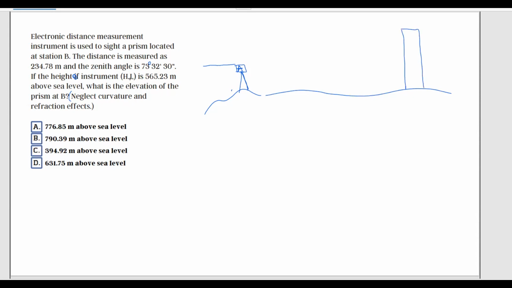I'm going to draw it like this. Anyway, it goes farther, but it doesn't matter. So this is somewhere here, right? I'm going to say this is point B. So the problem says the distance is measured from point A all the way to point B.